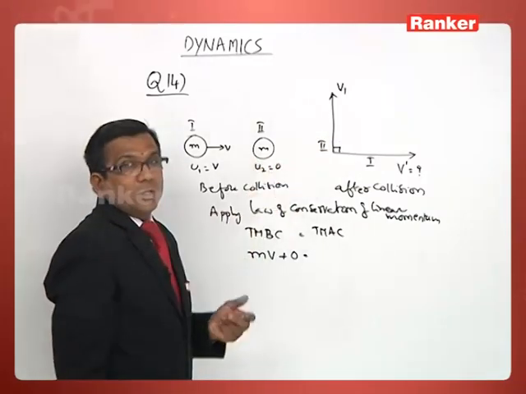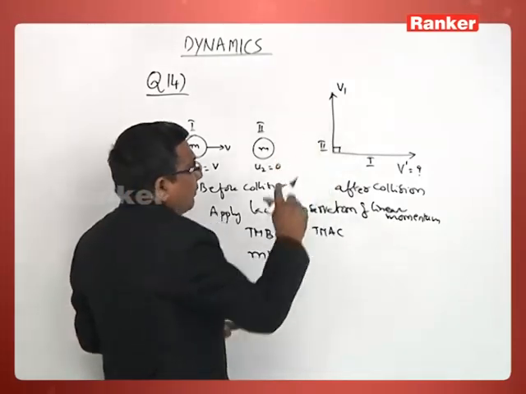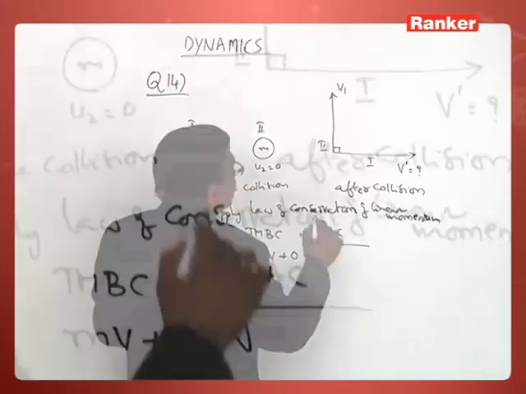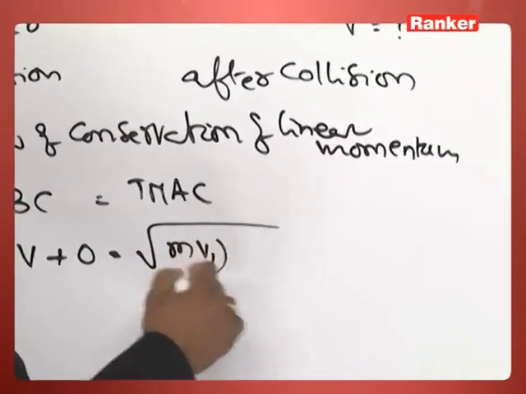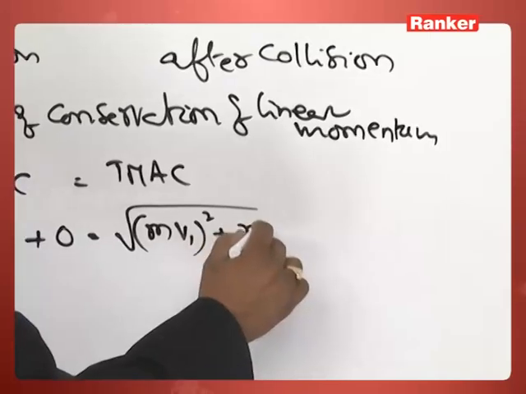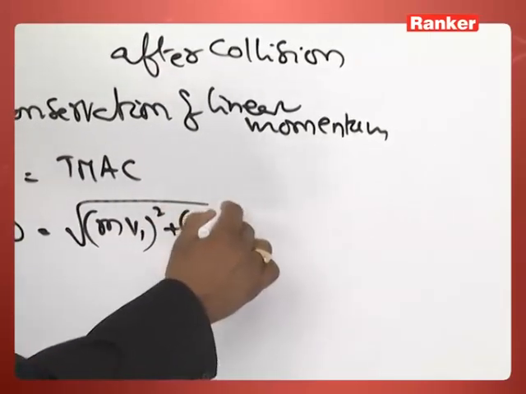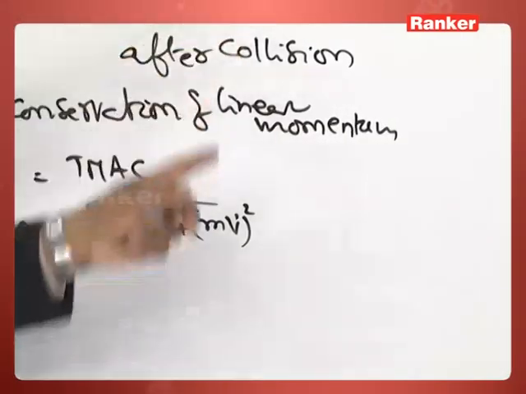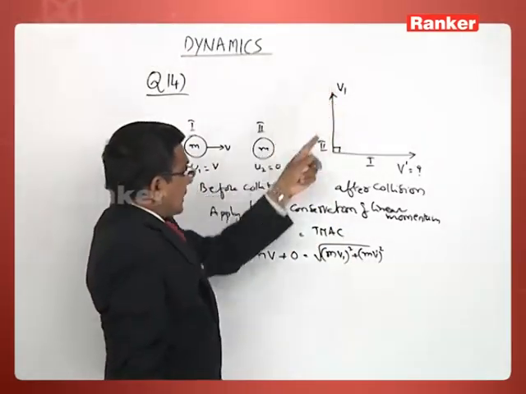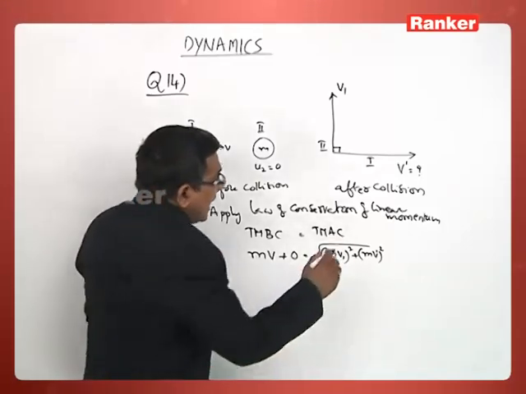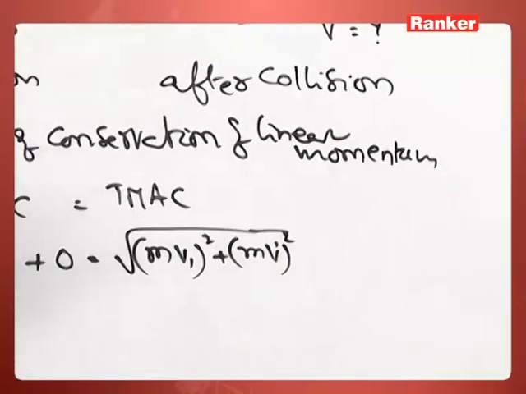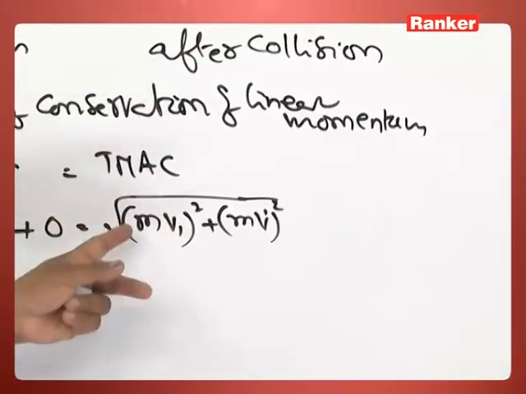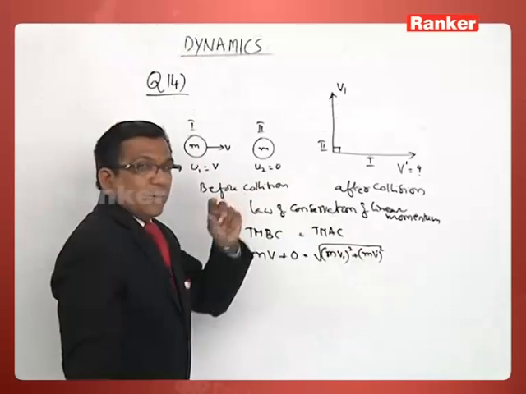So what will be the total momentum? The momentum of the first particle is mv prime, and the momentum of the second particle is mv1. As they are moving in mutually perpendicular directions, you have to apply the parallelogram law. Then the total momentum will be the square root of (mv1) squared plus (mv prime) squared.